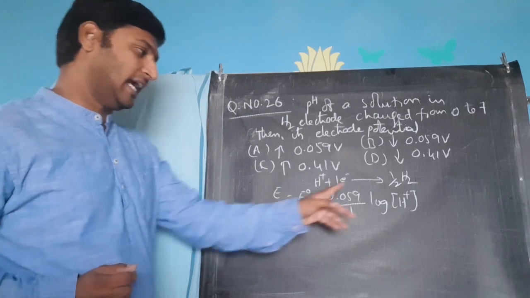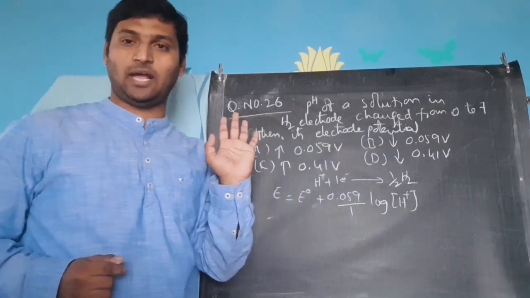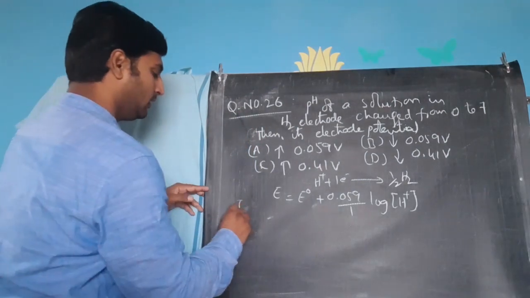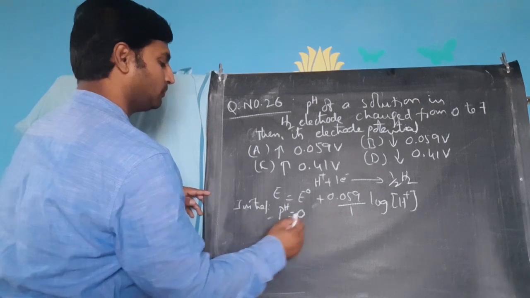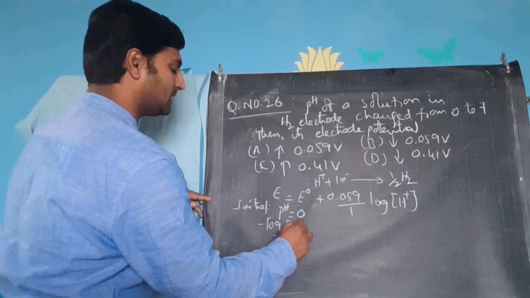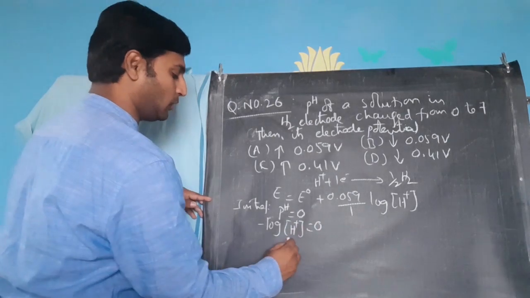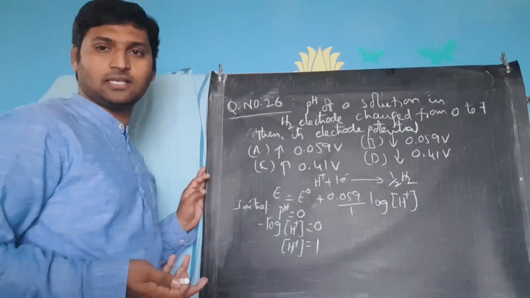Now, instead of directly giving the H plus concentration, he has mentioned pH values. Initial pH was 0. What is pH? My negative logarithm of H plus ion concentration, and that happened to be 0. Then H plus ion concentration comes out to be 1, since 10 power 0 is 1.